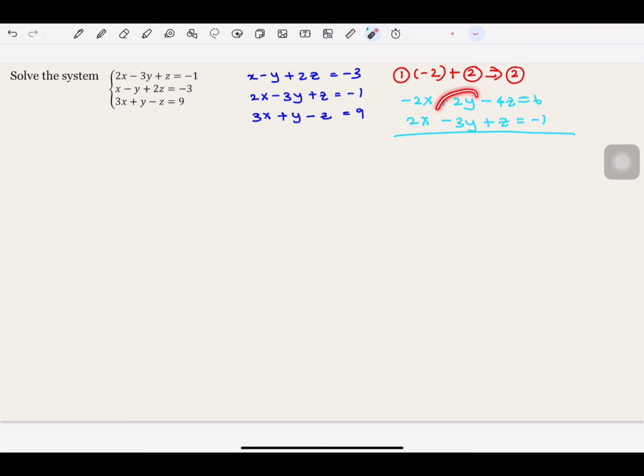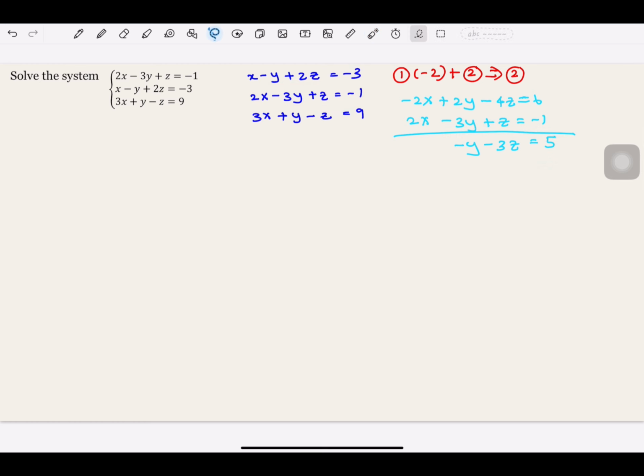You add positive 2y and negative 3y, which will give you a negative y. Simplifying the like terms gives you a negative 3z, and 6 minus 1 is 5. So now this is the resulting equation.